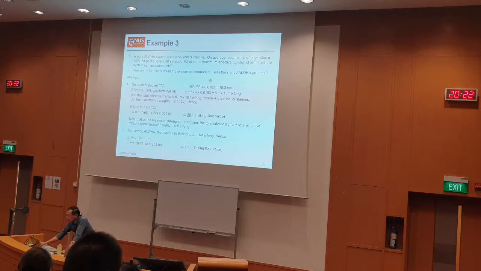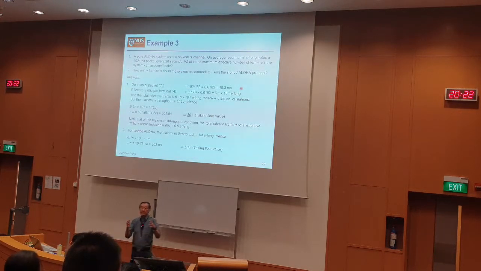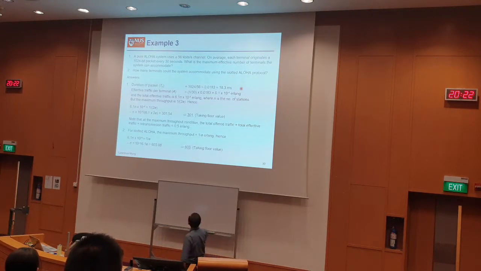Okay, so now you have a 1024-bit packet and you're transmitting at 56 kilobits per second. That means the transmission time is 18.3 milliseconds. To transmit 1024 bits at 56 kilobits per second, it will take you 18.3 milliseconds.